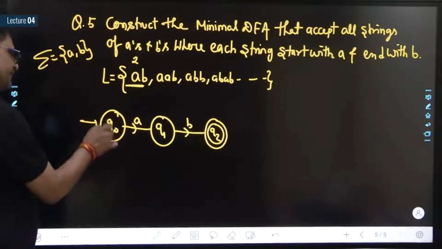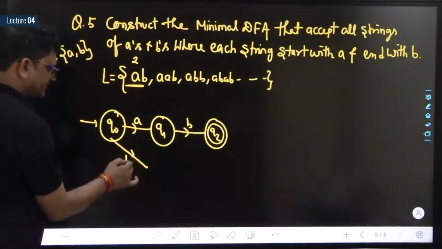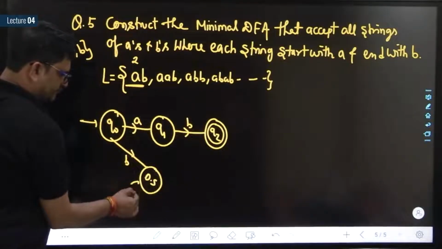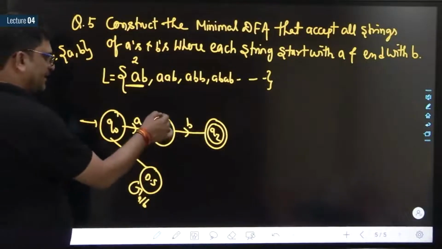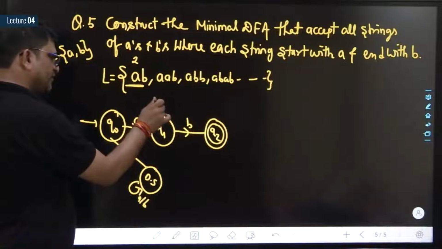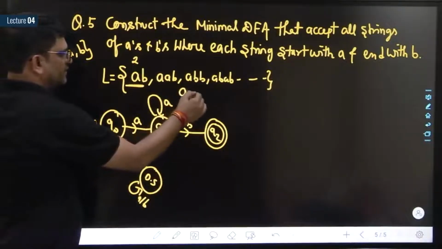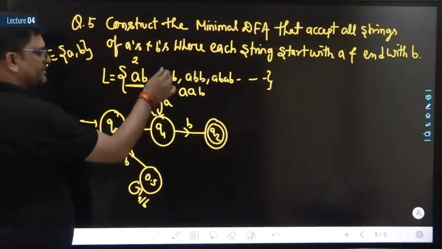If B comes onto the Q0, it goes into the dead state. Clear? If A comes onto the state Q0, it makes a self loop, because AAB is present in this language.